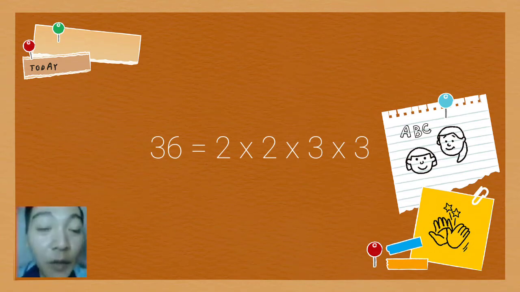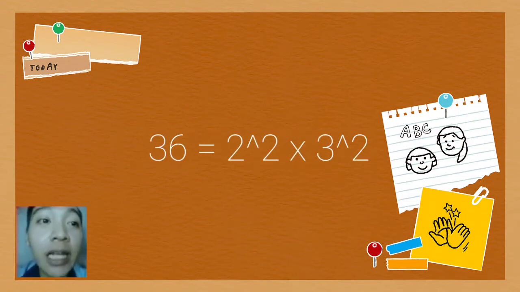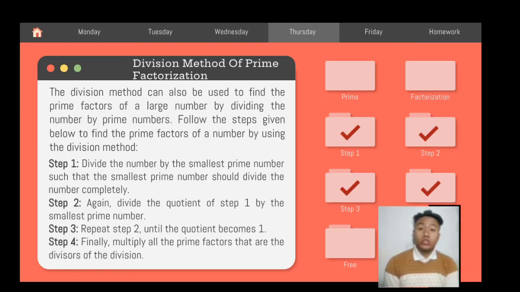Or we can write it in an exponential form as 36 is equal to 2 squared times 3 squared. So that's how we're going to use the factor tree method.